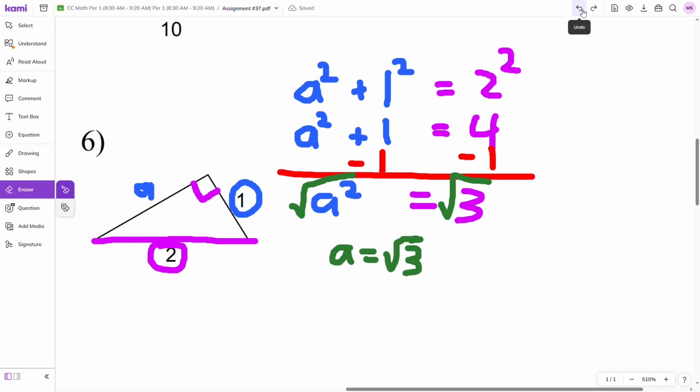Now, I'm usually okay with that. You can leave it as square root of 3, but this particular assignment, and also some of the questions on the rest of the assignment and on the test, ask for a decimalization. So at this point, you can just put that in your calculator and push the square root button. And what that will give you is a nice decimal, which is about 1.73. Actually, the decimals go on forever and ever without repeating.